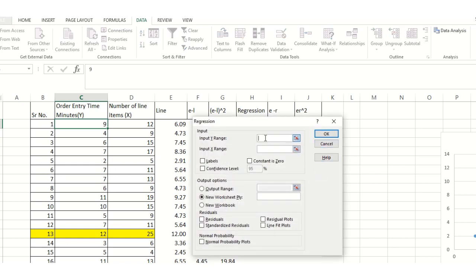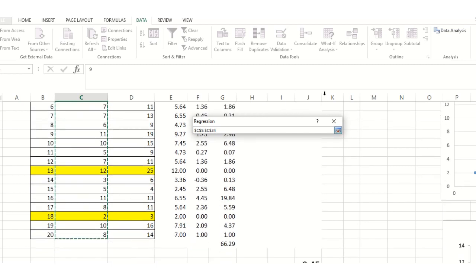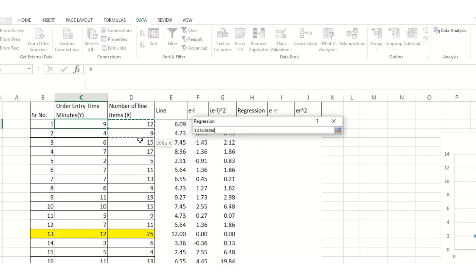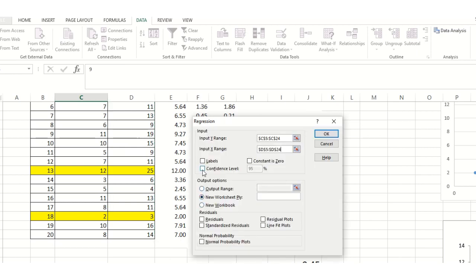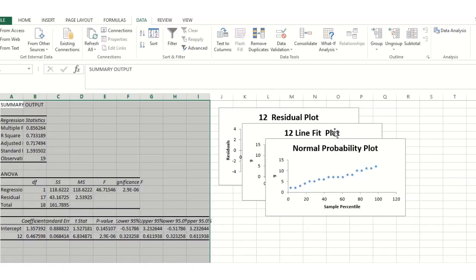So I need to input the y value, then the x value. Now you can put here whichever outputs you want to see. I'm just selecting all and saying okay.